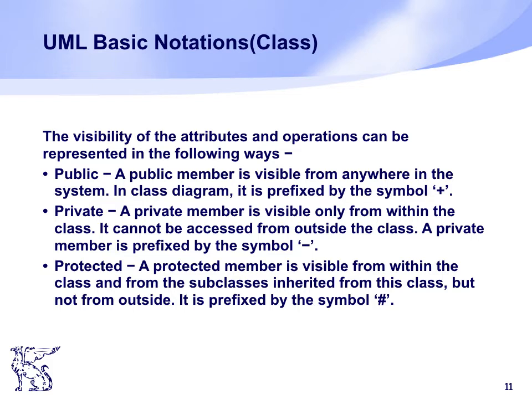You can also define your set of functions as protected. A protected member is visible from within the class and from the subclasses inherited from this class. You already know what inheritance is. If you want to give them protected visibility, you will prefix it with the hash symbol, and then it represents protected.